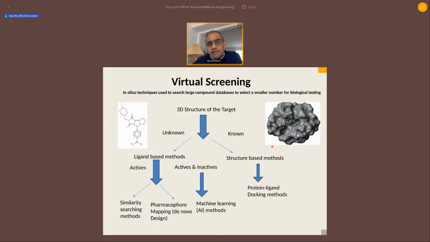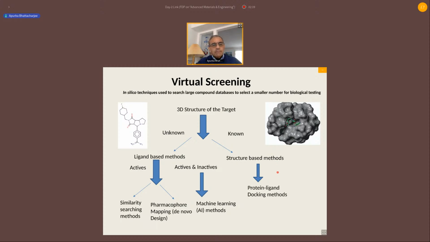So we'll have to see that the molecules interact with the active site with a weak interaction. Weak interactions mean hydrogen bond interactions, then hydrophobic interactions, like van der Waals interactions, pi-pi interaction, cation-pi interaction, etc. Now, this is one approach where by docking we can shortlist the number of compounds.